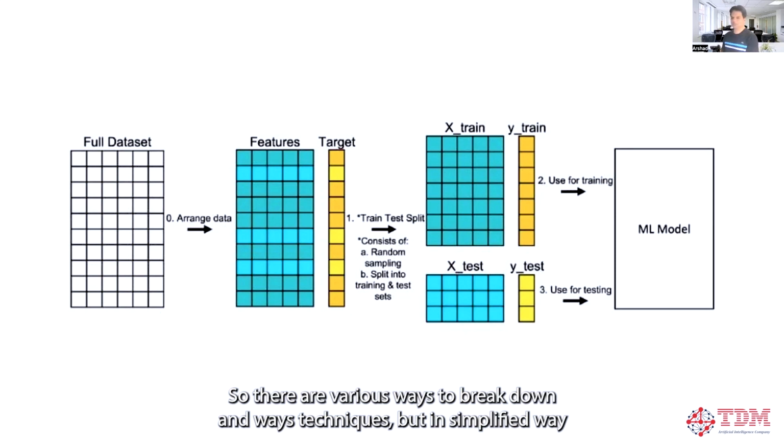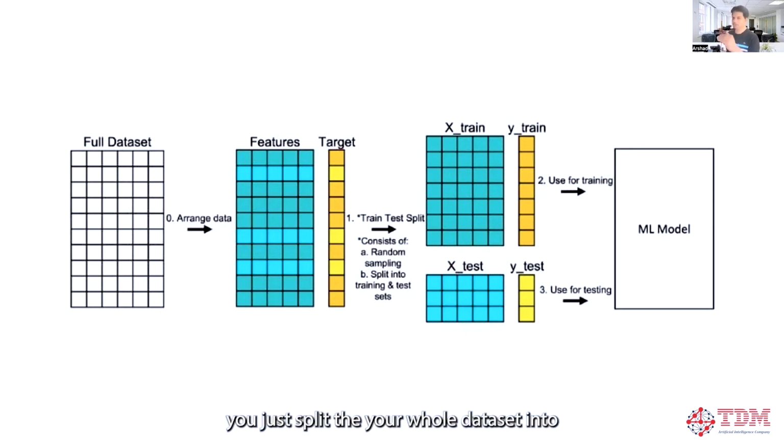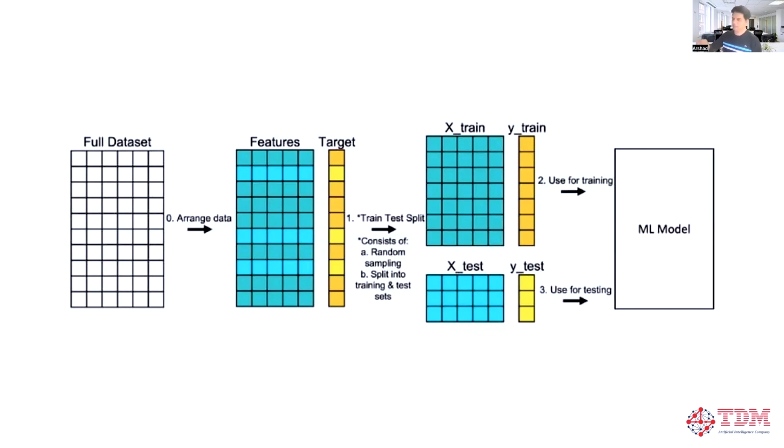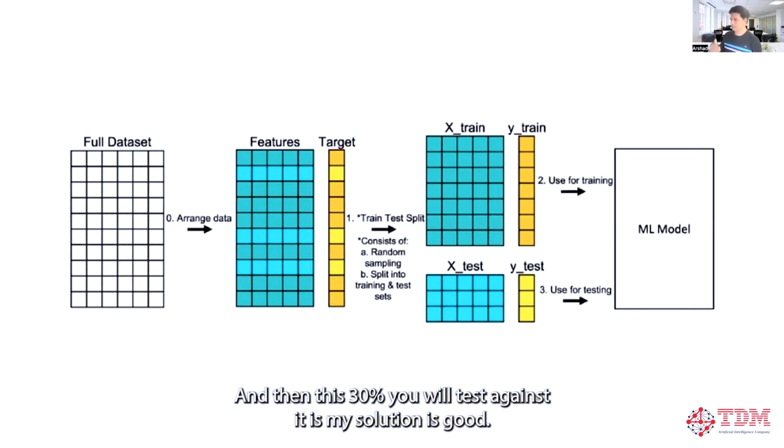There are various ways and techniques to break it down, but in a simplified way, you split your whole data set, best at 70-30 or 80-20, and you take the major chunk to train your machine learning model and let it learn what kind of problem it's solving. Then you test against the remaining 30% to see if your solution is good.